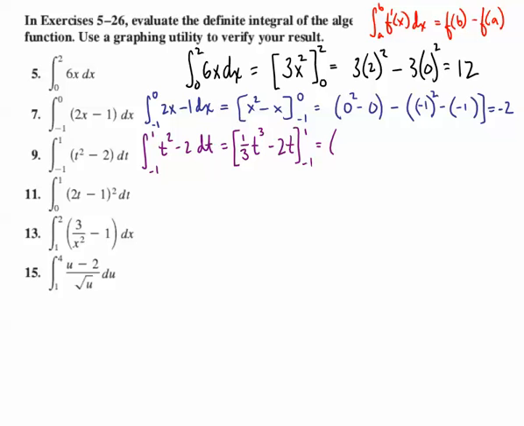So let's see what that comes out to be. At the upper limit, it's 1/3 times 1 to the third, which is just 1/3, minus 2 times 1, or minus 2. And then we have 1/3 times -1 to the third, and -1 to the third is -1, so that's going to give us a -1/3 there, minus 2 times -1, or plus 2.